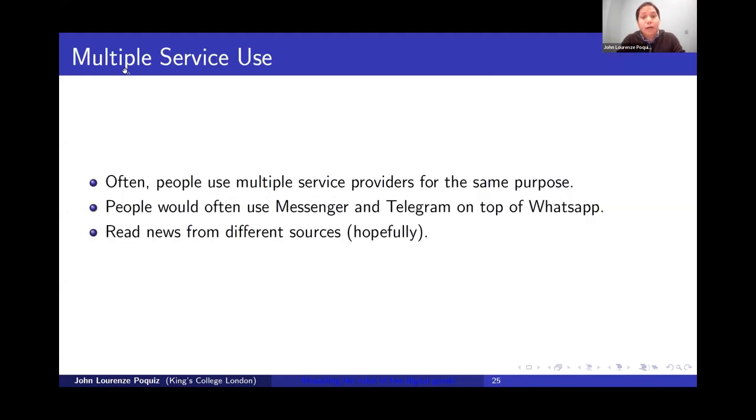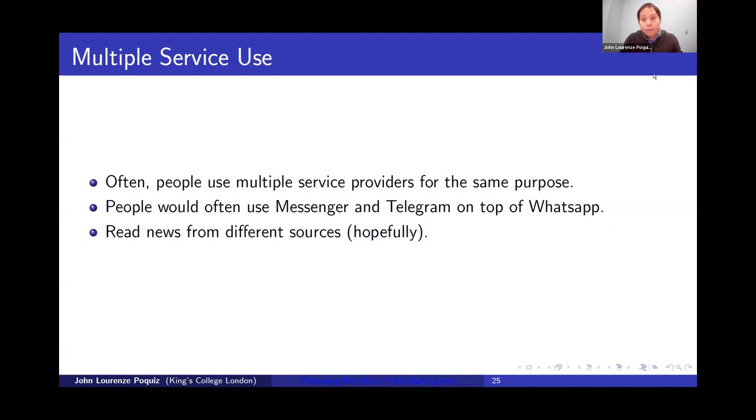Now for this approach, we're only counting users once for every good or service. So for instance, if you're using video conferencing, it doesn't matter whether you're using Telegram or WhatsApp or other video conferencing apps.